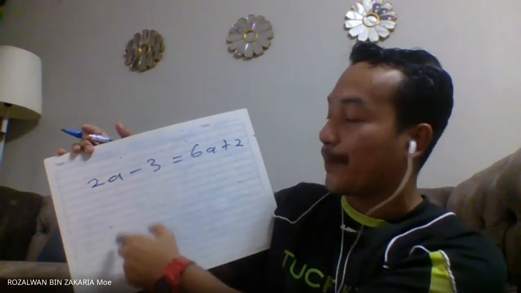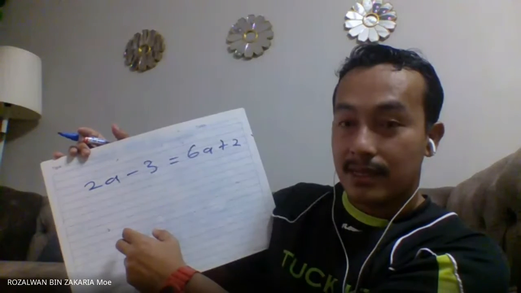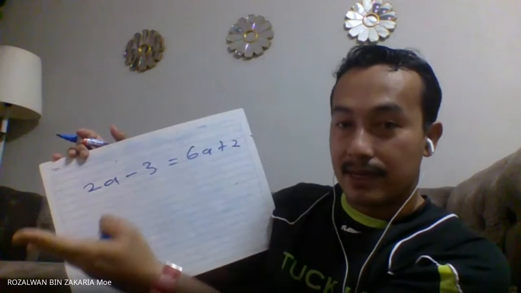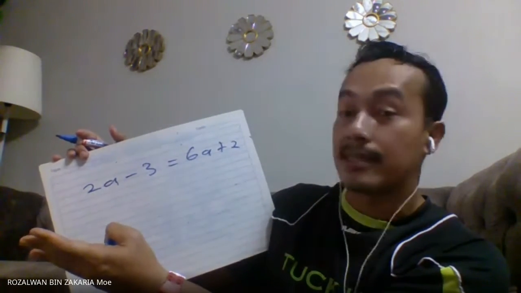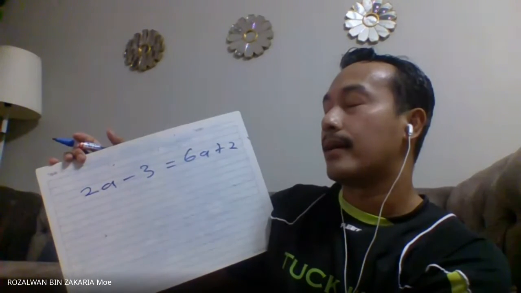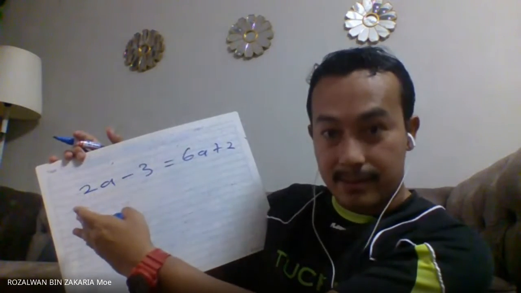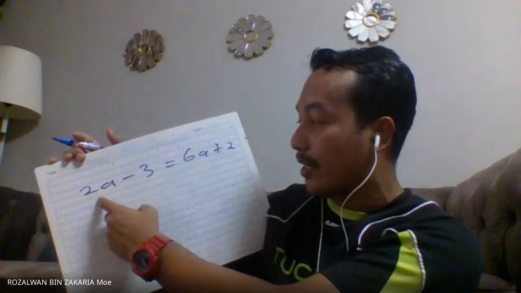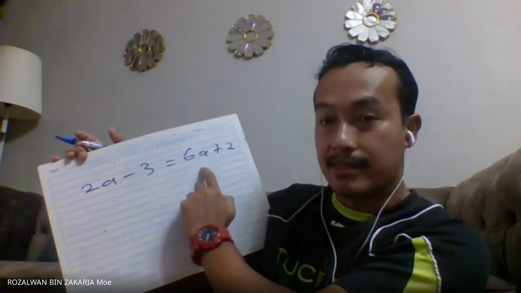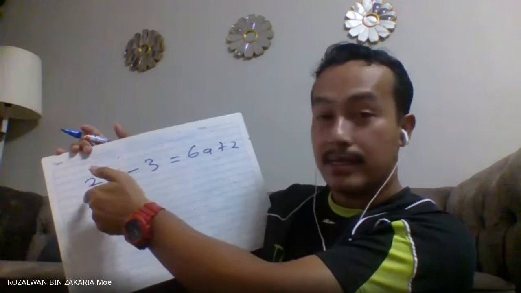I think, teacher, you have to change your position. Put the like terms, the same terms, on the same side. Yes, like 2a and 6a. This 6a we need to move to the left side.